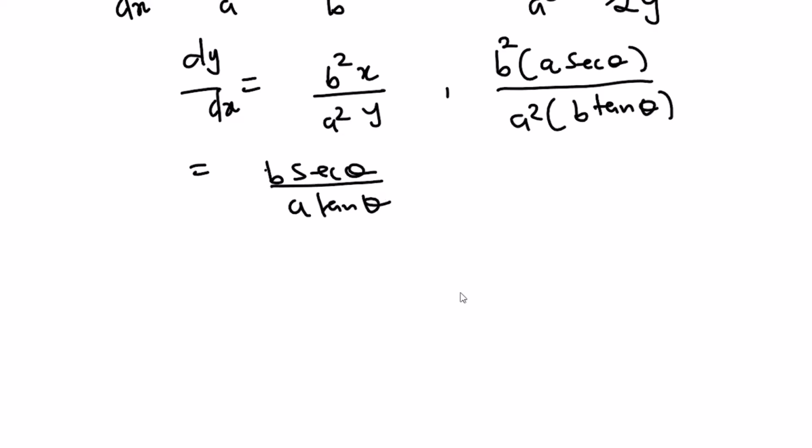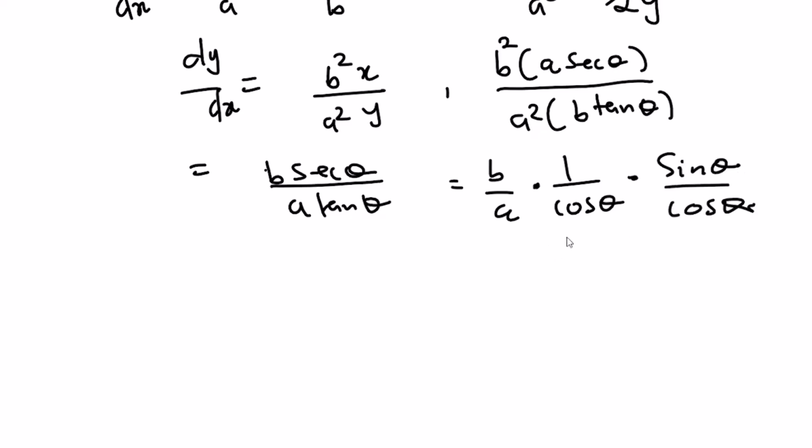Now, still on it, this can be written as b on a multiplying sec theta, which is the same as 1 on cos theta, divided by tan theta, which is the same as sine theta on cos theta. Alright, so it is dividing.